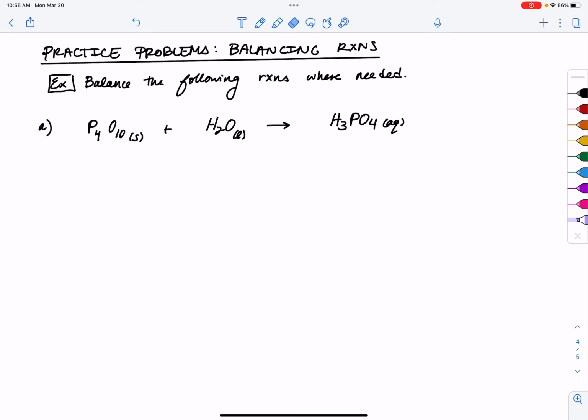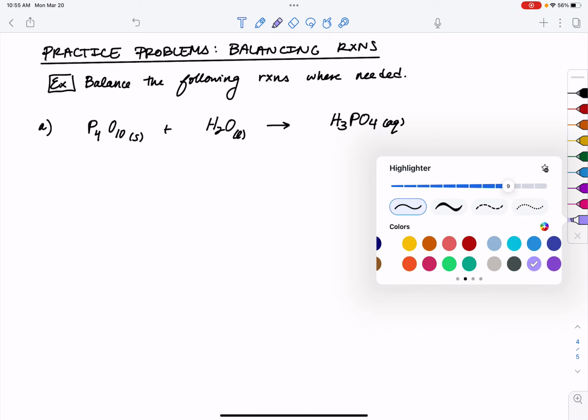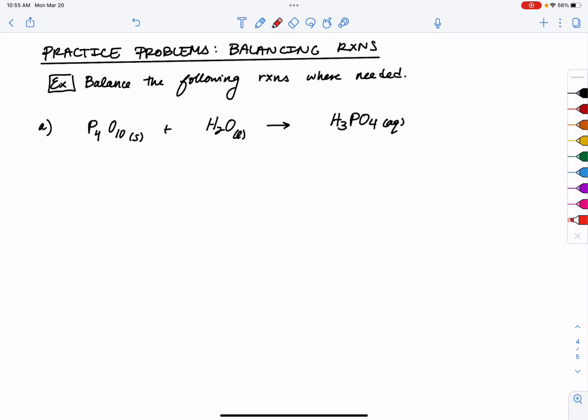So just like we did before, we need to keep a tally of how many of each element we have on the left-hand side of our reaction, and what we have on the right-hand side. Let's start by looking at phosphorus.